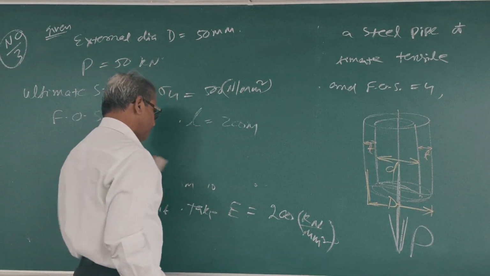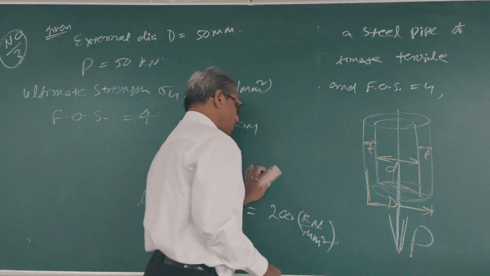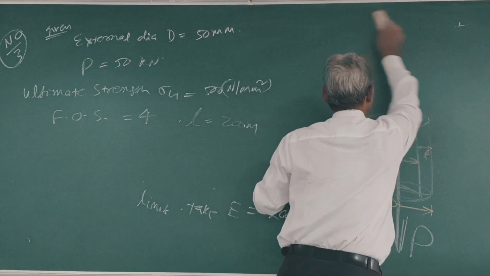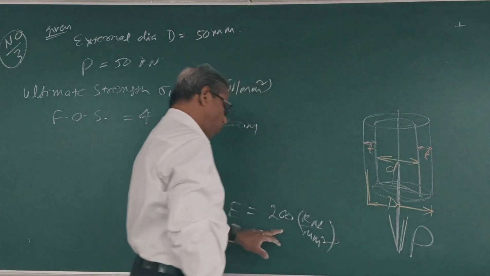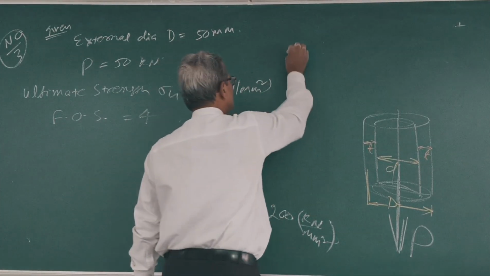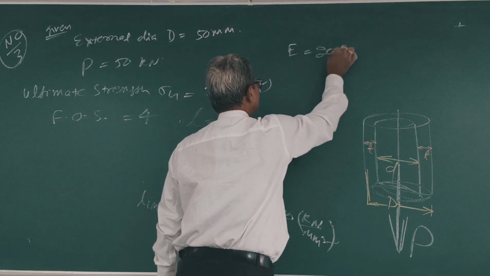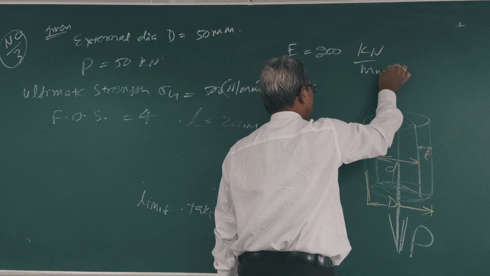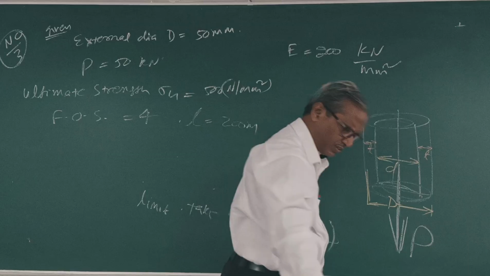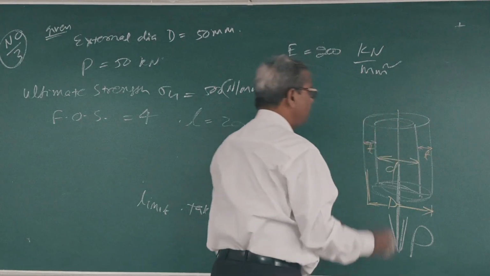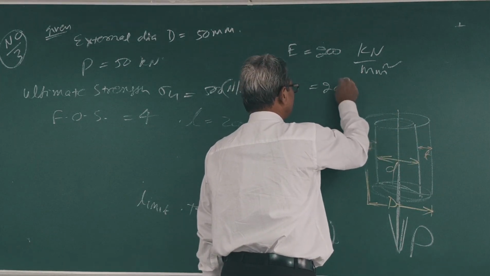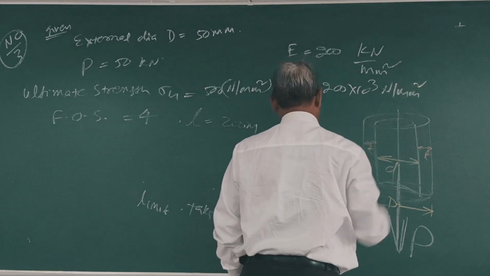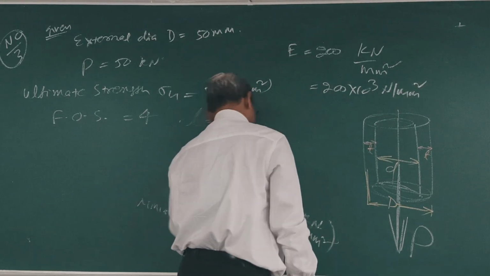Young's modulus E is equal to 200 kilonewton per mm square. This is the given data.